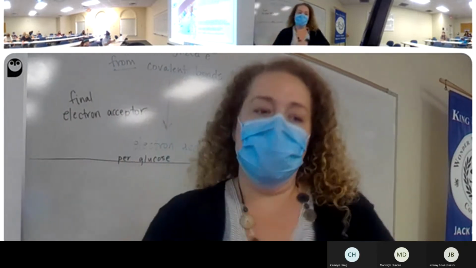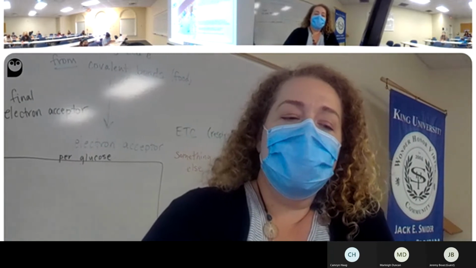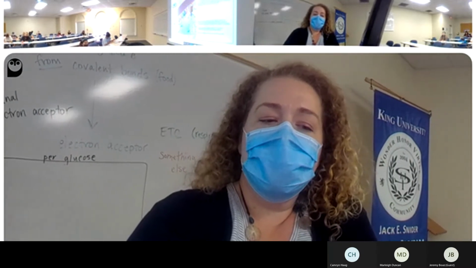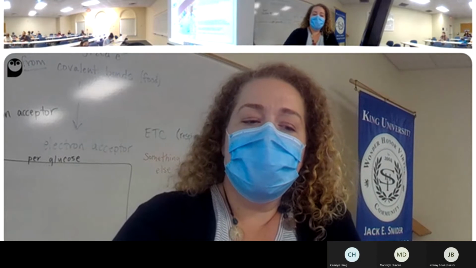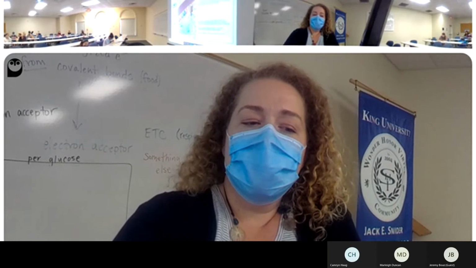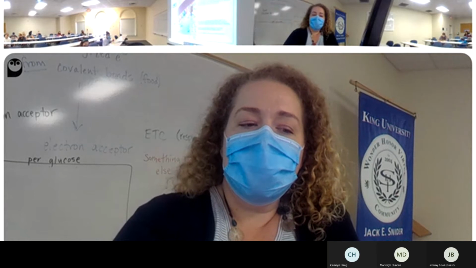Yeah, the second row, not the whole thing. I did say at first the whole thing, but circle this row and call it final electron acceptor.